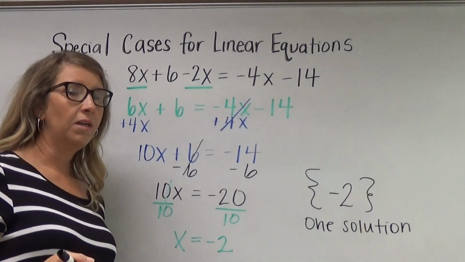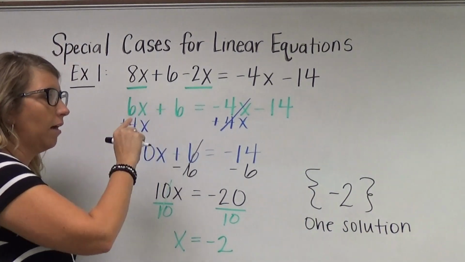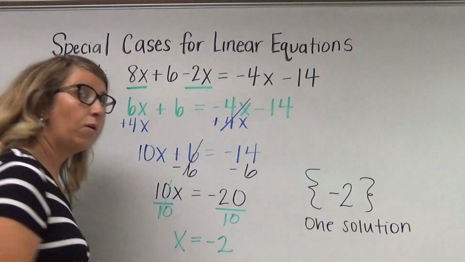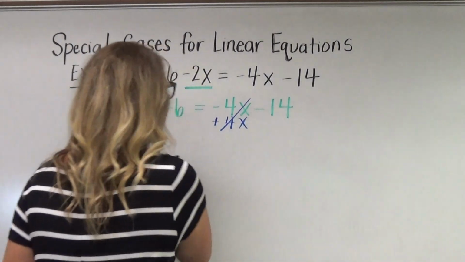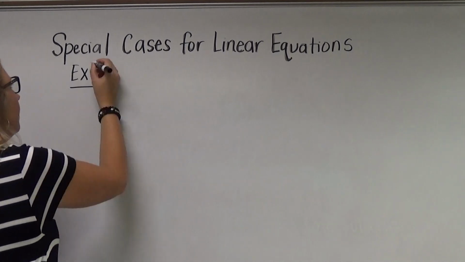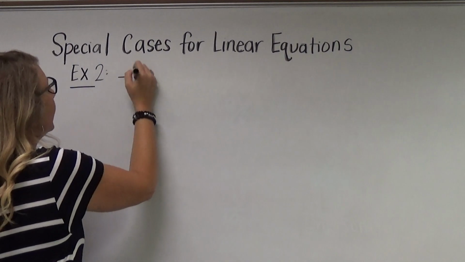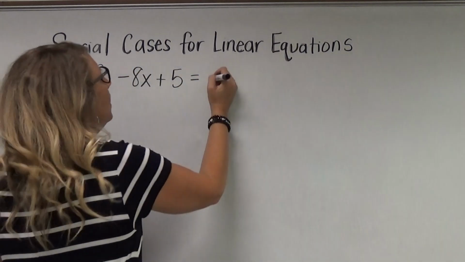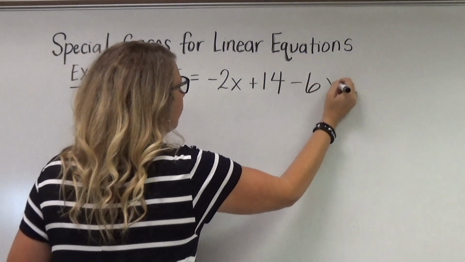So what about those ones that I said were the special cases? Well, they're going to look the same at the start, but when you start working on them, something different happens. So let's go ahead and move on to one of those examples. Let's make it number 2. For this equation, we're going to solve negative 8x plus 5 equals negative 2x plus 14 minus 6x.